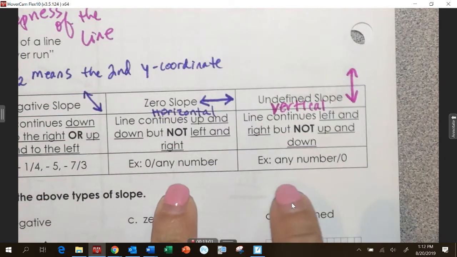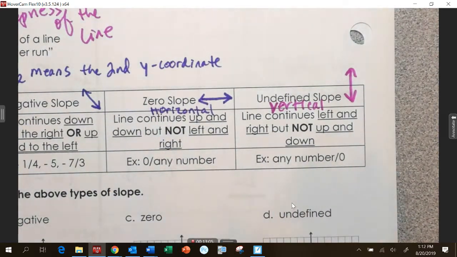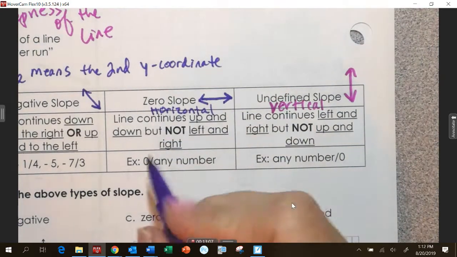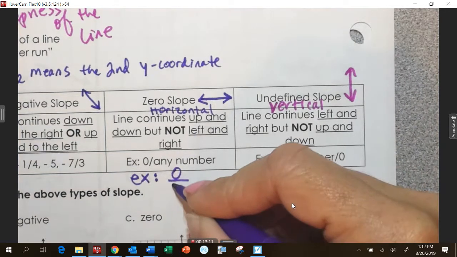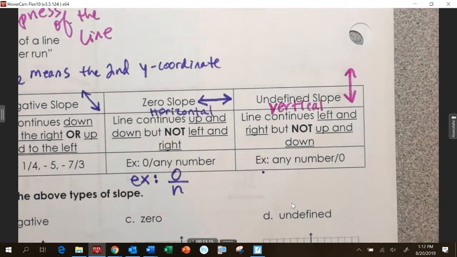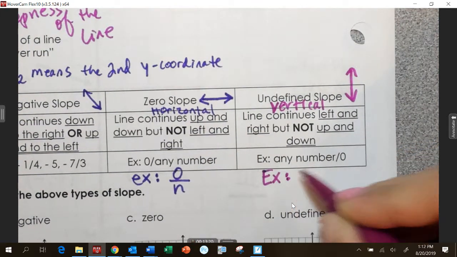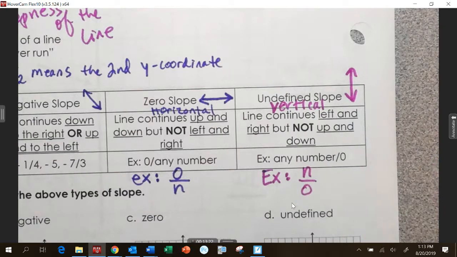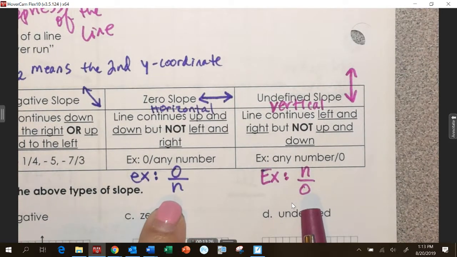They have examples with numbers down here. It says any number. I'm going to write that with a variable instead. My example for this bottom one here would be 0 over a number. And my example for undefined would be a number over 0. Now some of us forget which one's which.